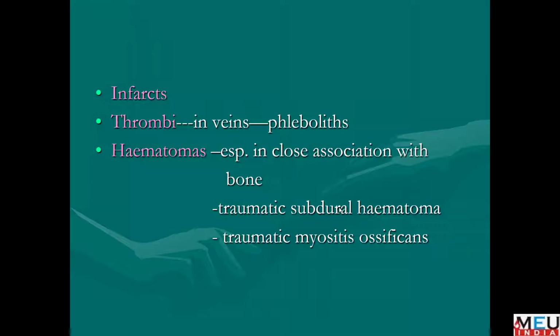The hematomas, especially in close association with bone, gradually get calcified, or subdural hematoma, traumatic myositis ossificans in the tendons when there is an injury due to a motorcycle accident or in the Colles fracture.